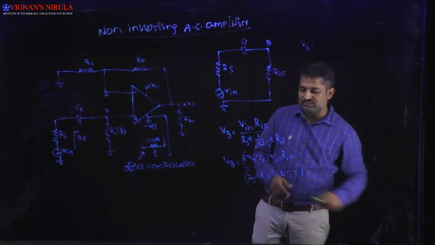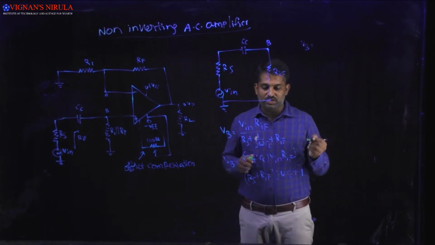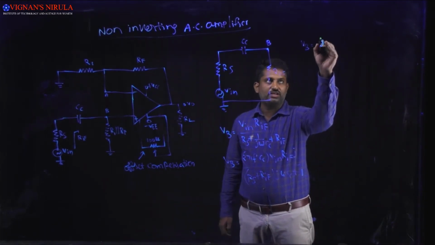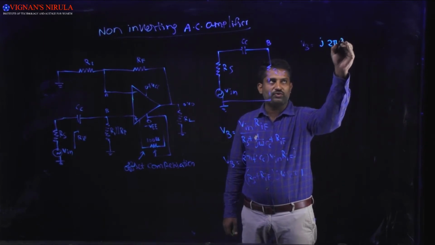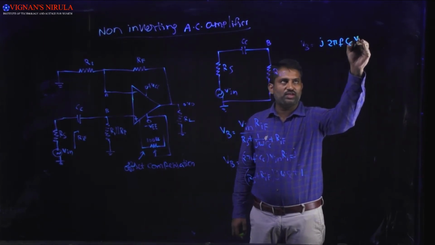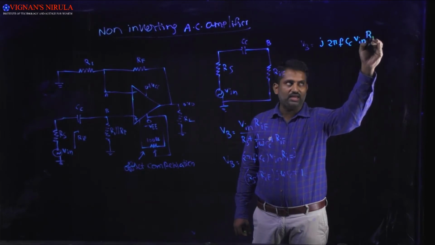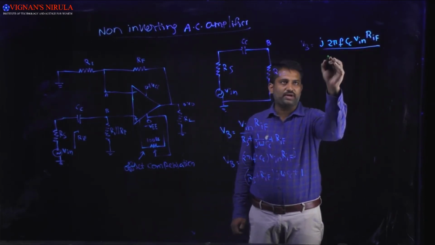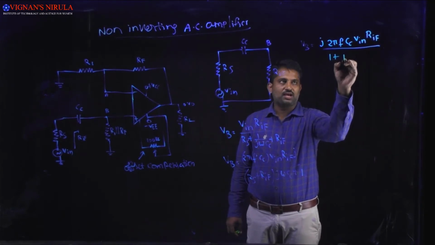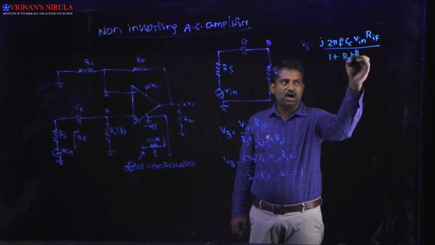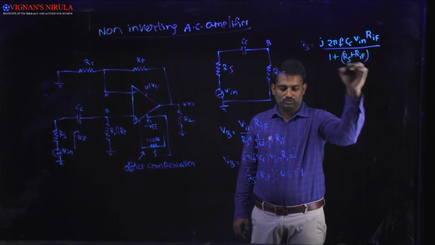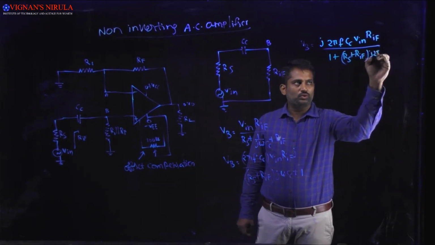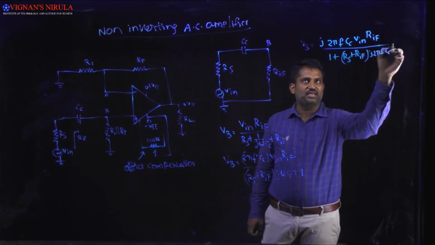How can we represent the VB value? VB is equal to J into 2 pi F CC into Vin RIF, input resistance with feedback, divided by 1 plus (RS plus RIF) into J into 2 pi F CC.